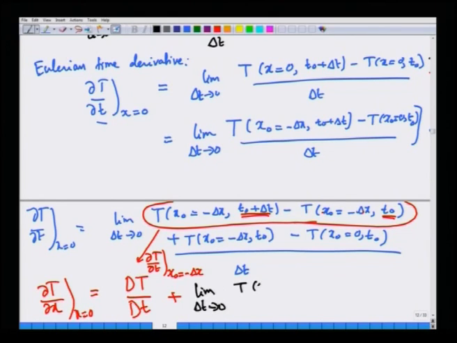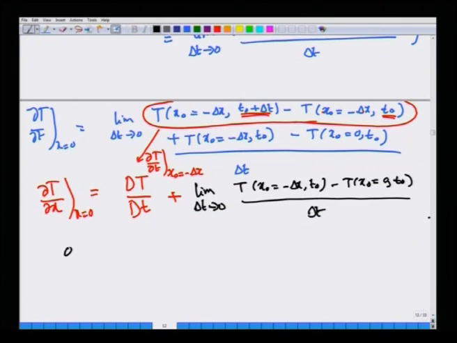T of x naught is minus delta x, t 0, minus T of x naught 0, t 0, divided by delta t. Sorry, this is partial by partial t here, at x equal to 0, is the substantial derivative, plus, instead of writing it as delta t, v 0 delta t is delta x.